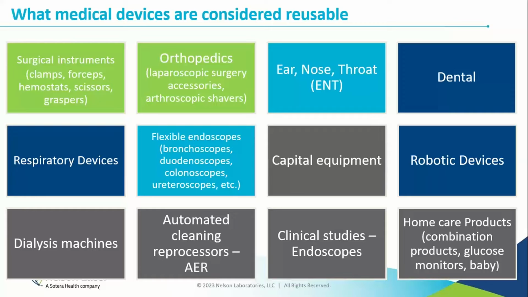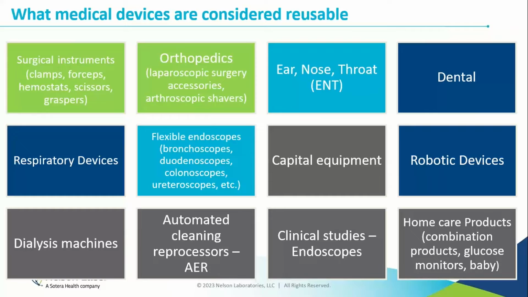Now, medical devices are a huge category, but when it comes to reusables, we do have our little area. Surgical instruments are reusable, right? Orthopedics, those surgical trays, all reusable devices. ENT devices, ear, nose, throat. Dental is an industry that is now seeing strict regulatory guidelines. They're actually going in and asking for validations that were never asked for or required at that point.